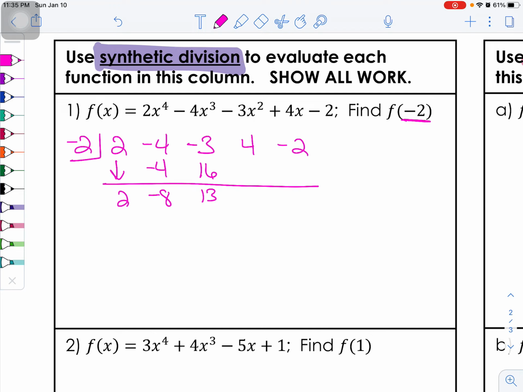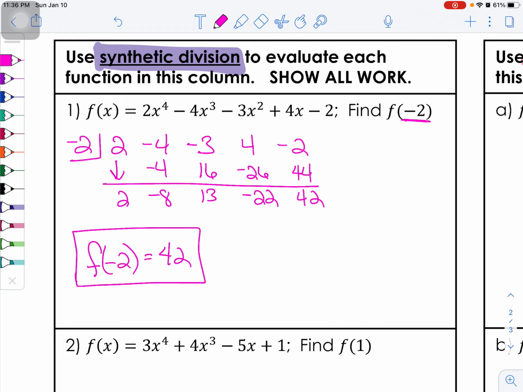So let's see, 13 here. -2 times 13 is -26. -22 when I add it, which makes 44 when I multiply it. So 42. So I believe that f of -2 is 42 from my synthetic division.